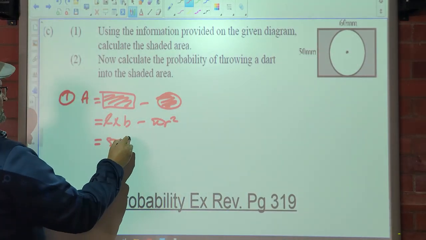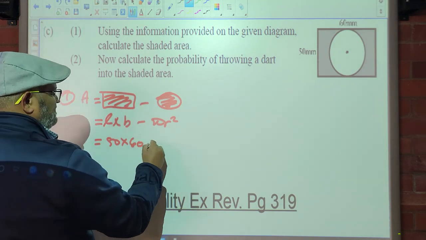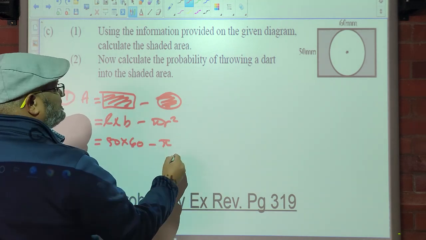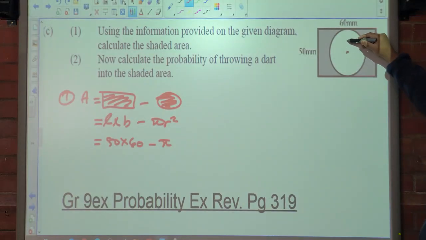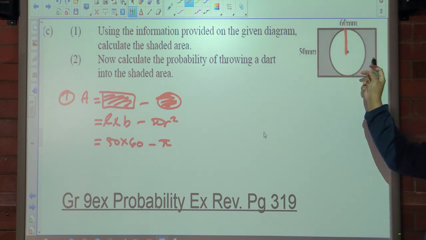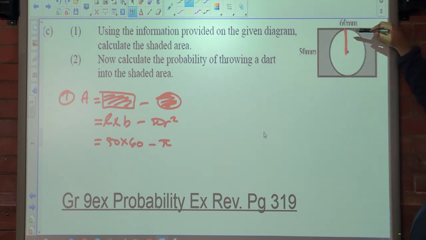So what's my length? 50 times 60, minus pi times the radius. Remember, from center to circumference, that's your radius. Can you see that? I can't go this way because I don't have that missing length there. So that's going to be 50, so the radius is going to be 25 millimeters. Can you see that, people?